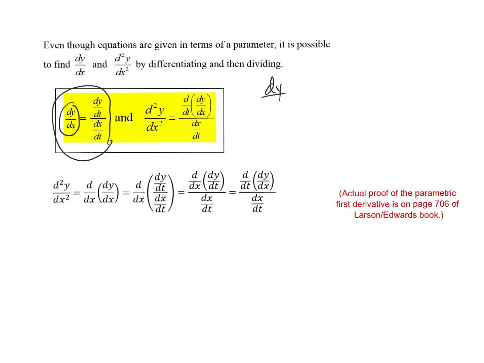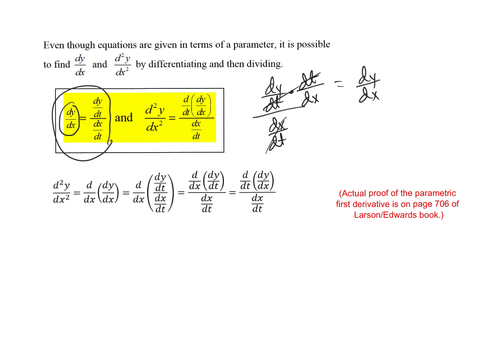If you started with dy/dt over dx/dt, I could flip this bottom one upside down and multiply, if you think of them as fractions, those cancel, and I just get dy/dx, right? So it's just the derivative of y with respect to t over the derivative of x with respect to t, and you simplify them. Okay, it gives you dy/dx.